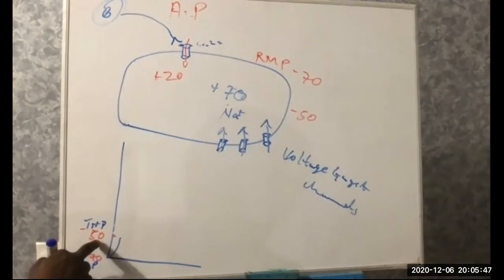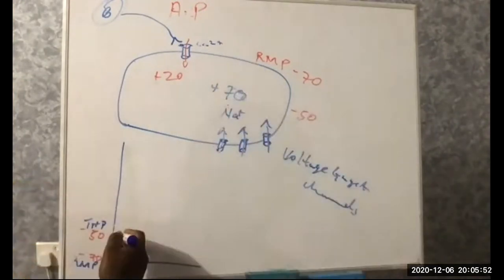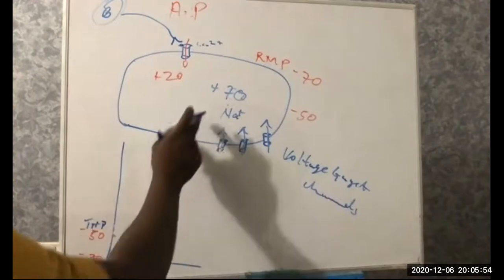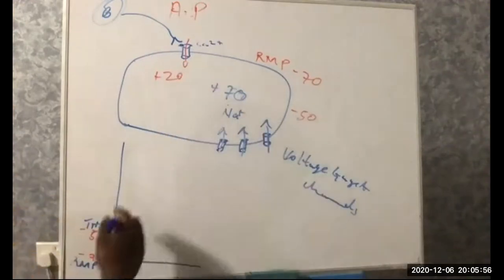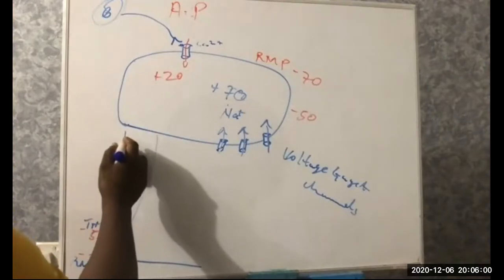Now, because it has reached threshold potential, more positivity will come in, and because of that, it will move the membrane potential of the cell from the negatives to the positives, maybe to positive 40.